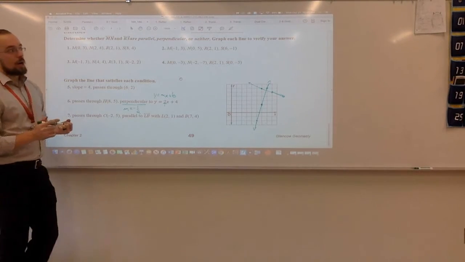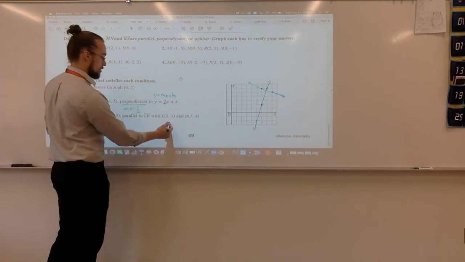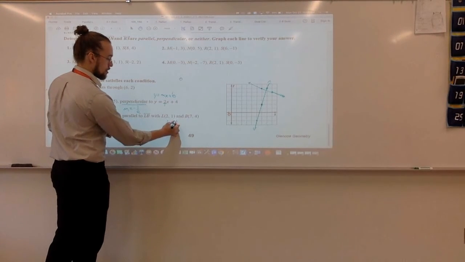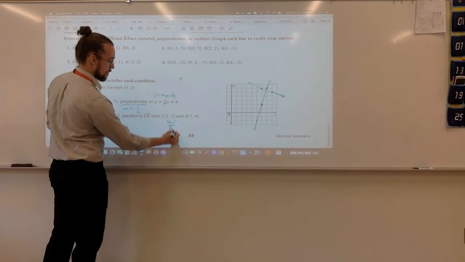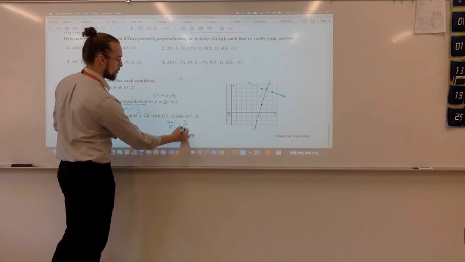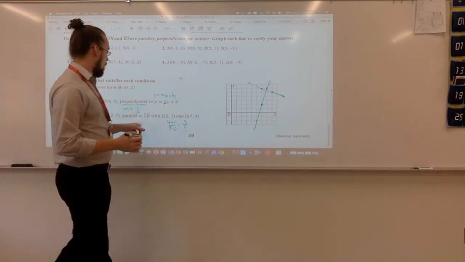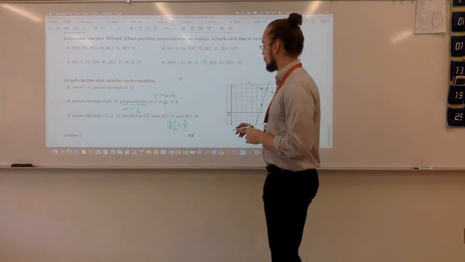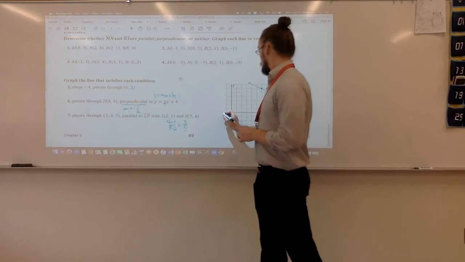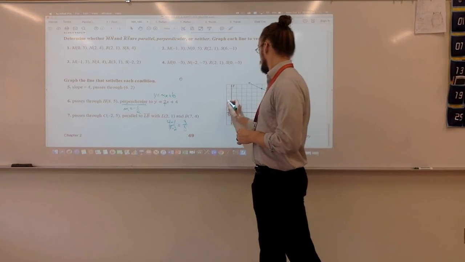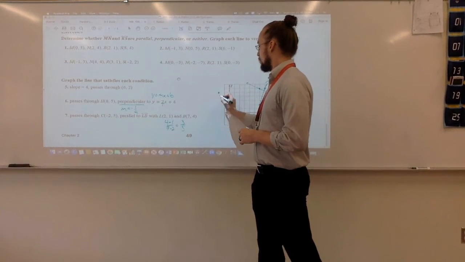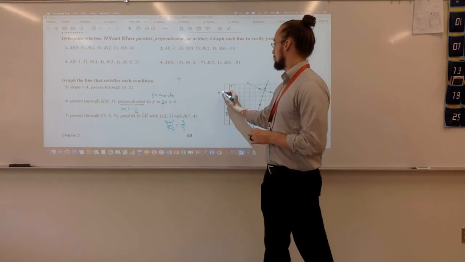I'm going to do this real quick since we're about out of time. So my slope would be 7 minus 2. My slope's going to be 3 over 5. So I'm going to draw a line that goes through the point negative 2, 5, with a slope of 3/5.